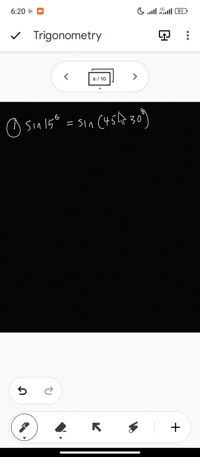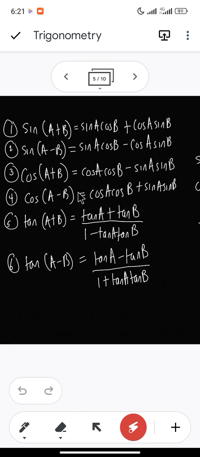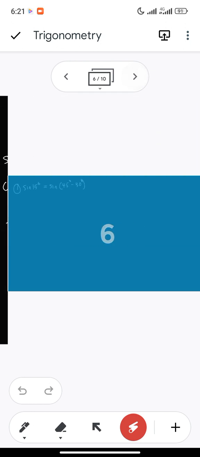So 45 degrees minus 30 degrees gives you 15. So this is a compound angle. Going back to the formulas for compound angles, the one that has minus, whenever you have sine A minus B, it's going to be sine A cos B minus cos A sine B. So we're going to apply this now.